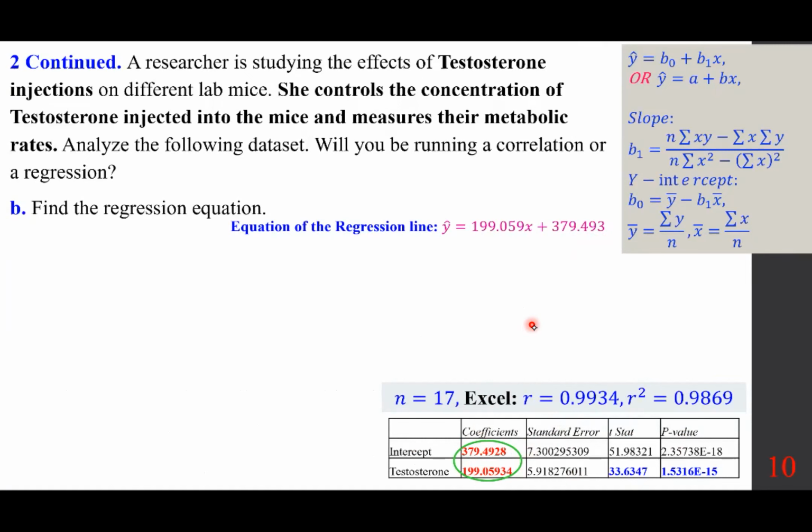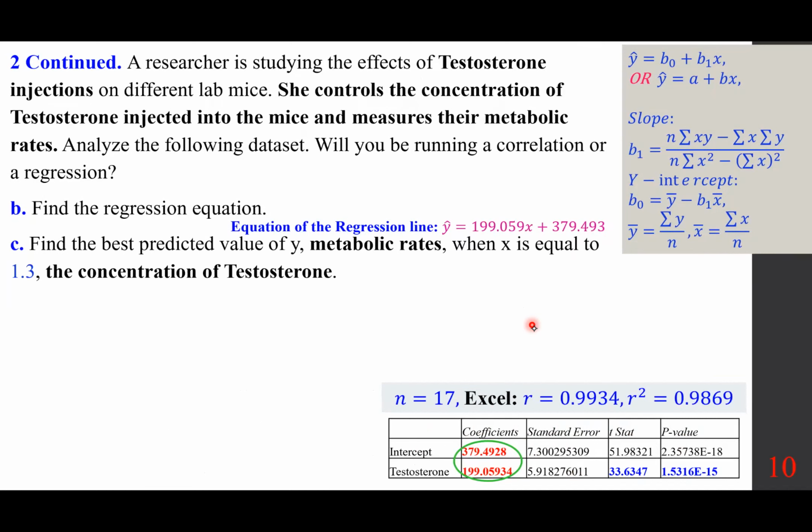Therefore, we can answer the following question. Find the best predicted value of Y, or metabolic rates, when X is equal to 1.3, the concentration of testosterone. Now remember what we do. If there is no correlation, the answer is Y bar. But we proved there is a significant correlation.